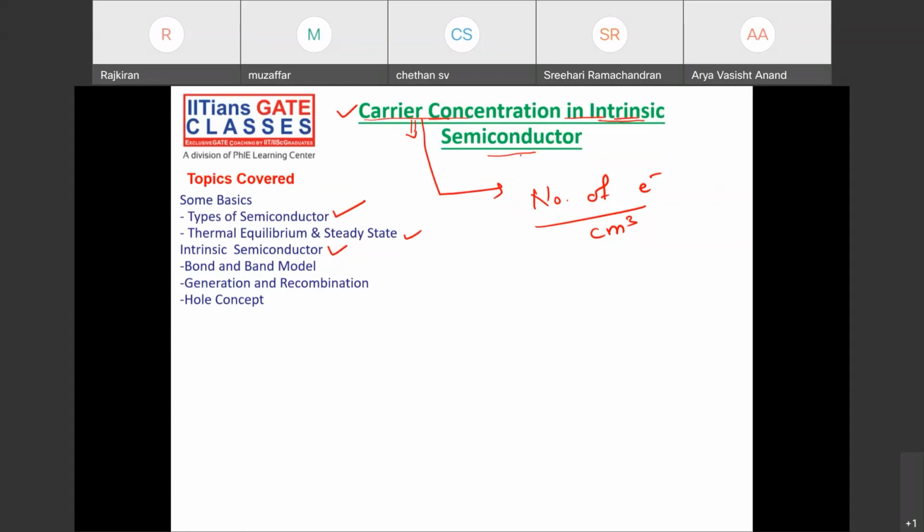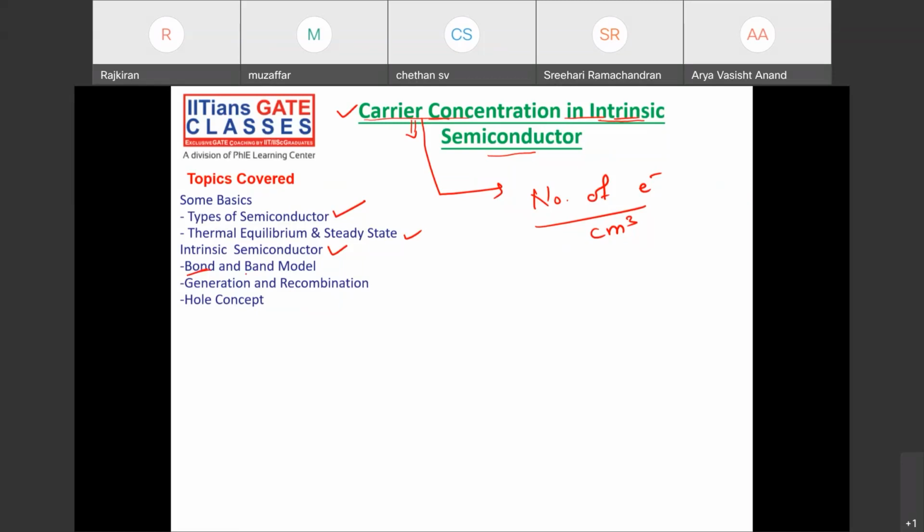Then, in order to find the concentration of electrons and holes per cm3, there are two models. One is called the bond model. The bond model explains things very qualitatively, not quantitatively. It will explain qualitatively how much the concentration should be, so you get a feel for how the electrons are generated. This is the bond model.